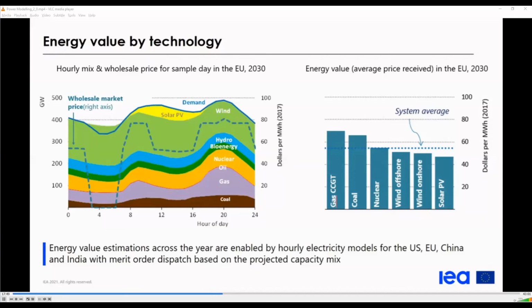A quick word on the flexibility value. This is really the most difficult one to represent. In the ancillary service market in Ireland, we have more than 20 products, from primary and secondary reserves to regulation and frequency controls, and it is very difficult for a global model such as the World Energy Model to represent that kind of detail.